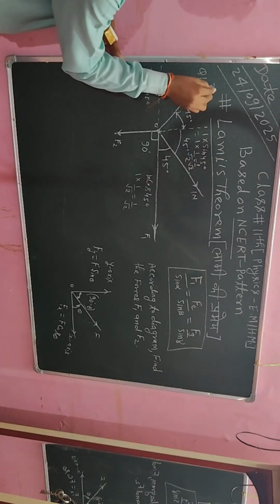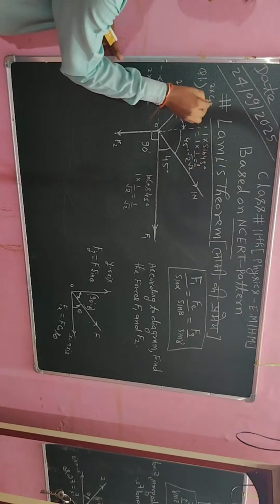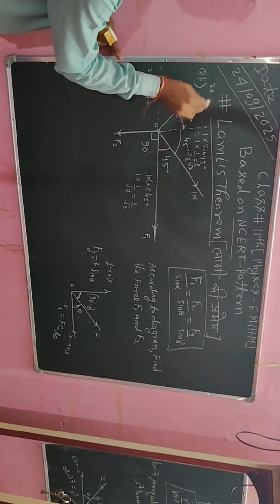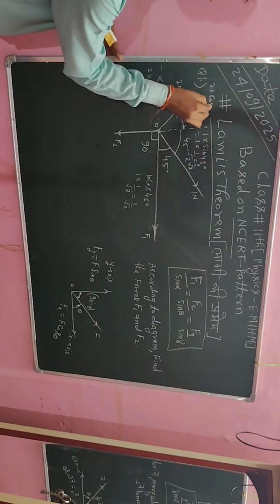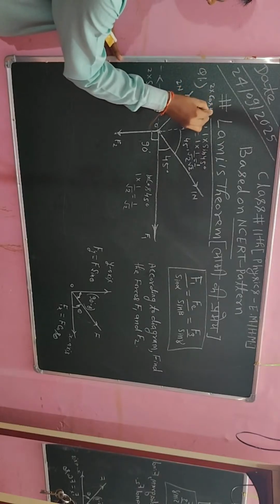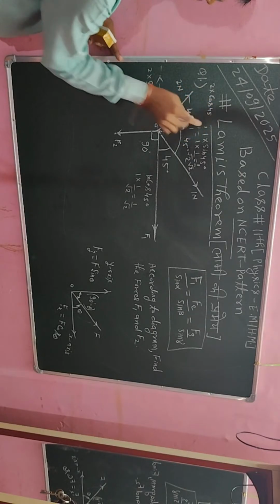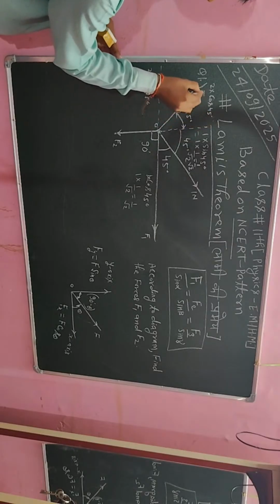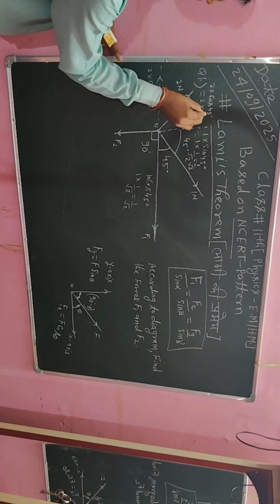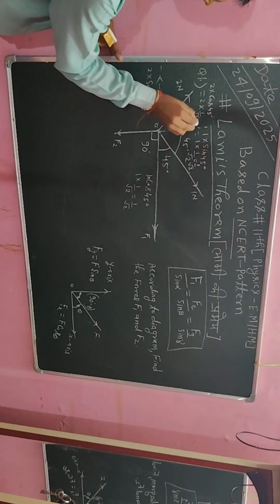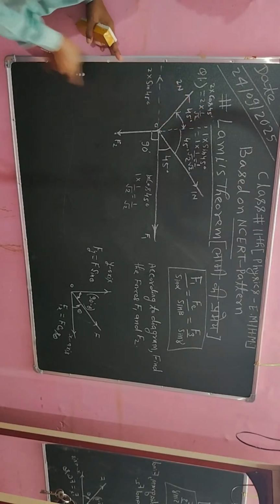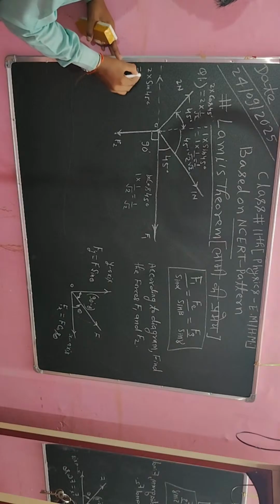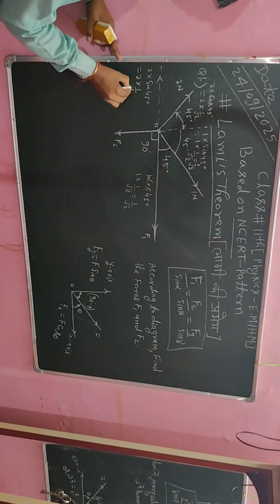Here I have to write 2 Newton into cos 45 degree. So I will evaluate its value. Cos 45 degree, so here I will write 2 into cos 45 degree, that is 1 by √2. Okay. And similarly I have to evaluate this value, 2 into 1 by √2.